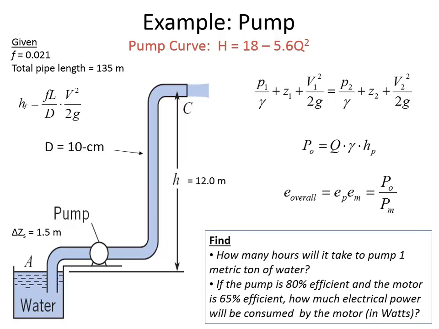So we're going to have an unknown velocity, V squared divided by 2g. And actually, we're going to use the Q version of velocity, where instead of V squared divided by 2g, we'll say Q squared divided by 2gA squared. For our purposes, that'll be a little bit simpler because the head losses are also going to be expressed that way.